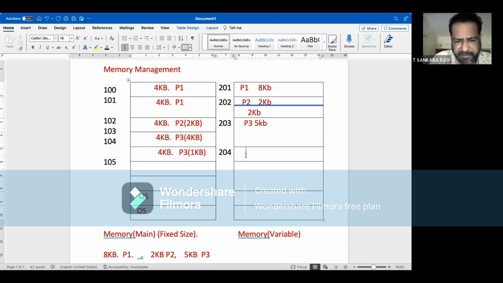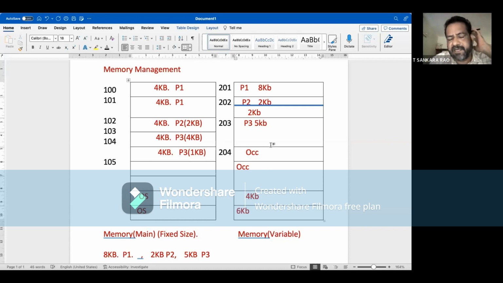This is also occupied by some process. This is also occupied by a process, and this is also occupied. And for example, this is 4 KB free, and this is, for example, 6 KB free.